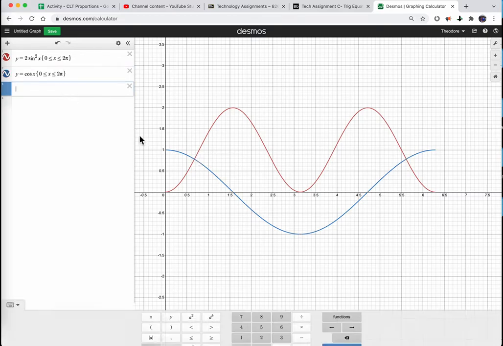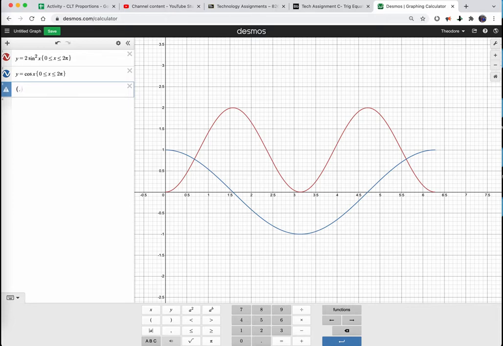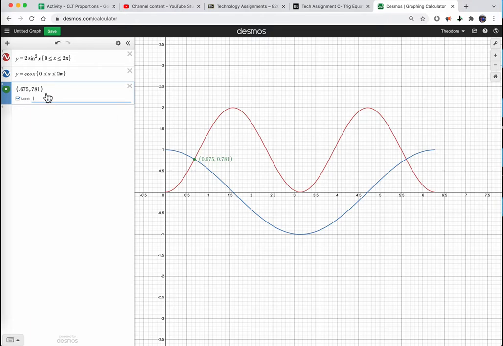So 0.675, comma, 0.781. All right. So what I would do, because the point is labeled right here, I would just write solution. All right, we got another one over here: 5.608 and then 0.781 again.